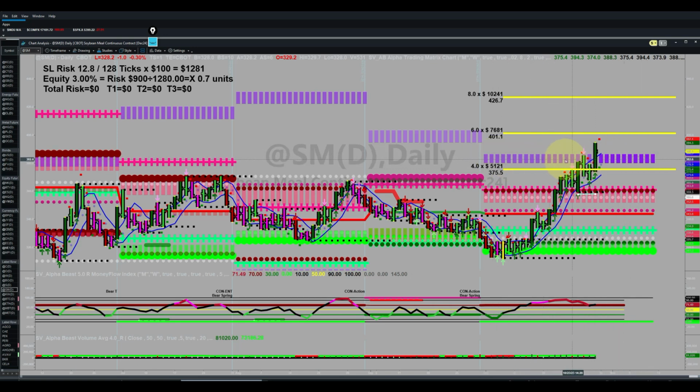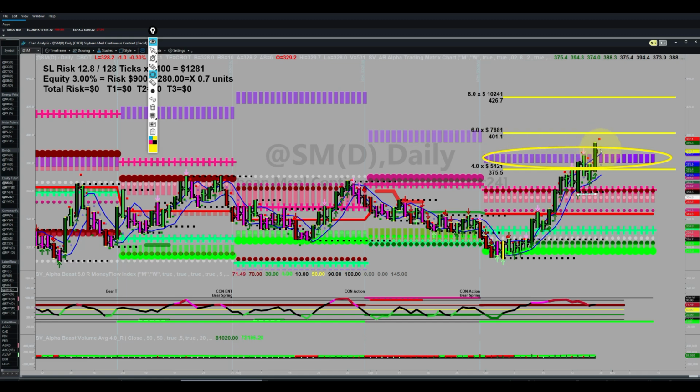Let me show you what I'm talking about. This is called an exhaust zone. It's marked for you. This is one thing that makes this software so powerful. It lets you know you have major resistance ahead, and when you have an exhaust like this and you're already in big profit close to the 6.0, might as well take the profit.